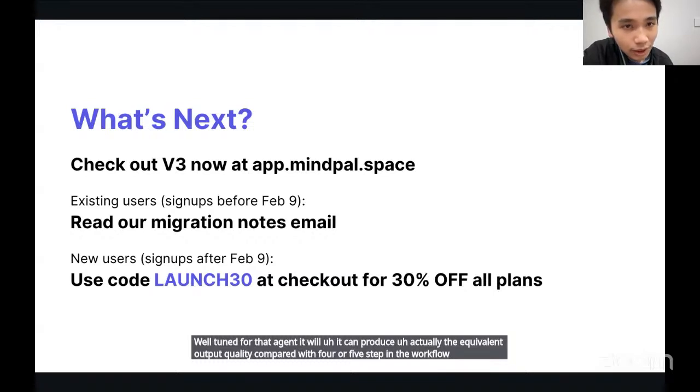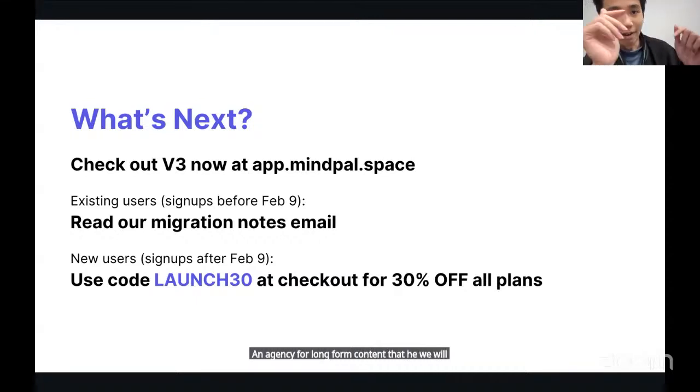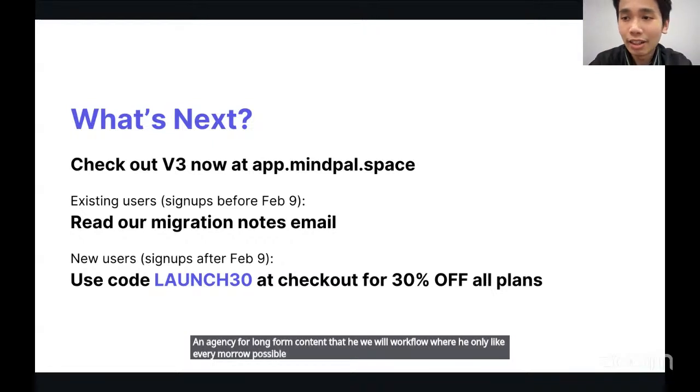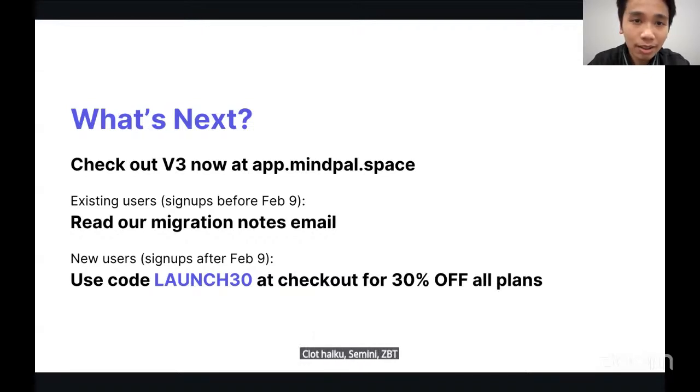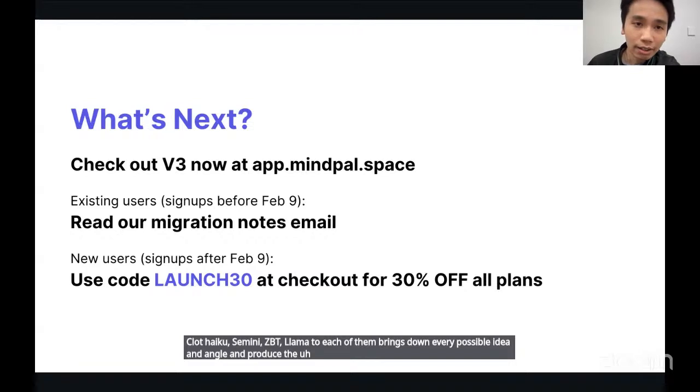And the most impressive workflow, I call it impressive because we should evaluate the impact, is a workflow by an agency for long form content. He built a workflow where he utilizes every model possible, Claude 3.5 Sonnet, Claude Haiku, Gemini, GPT, Llama, to each brainstorm every possible idea and angle and produce ideas from that.